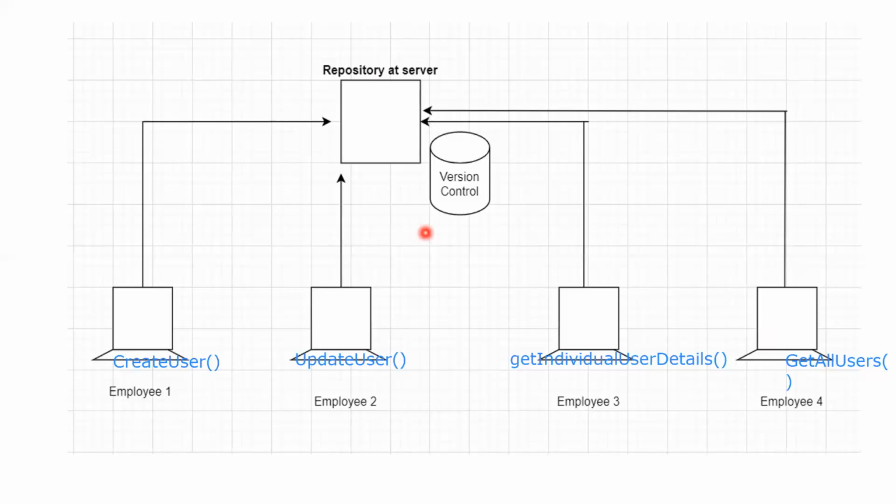After that, what they thought was: instead of controlling versions here in the repository, we can distribute this version control to every computer. So that everyone will have one local repository, and they will be working on that.